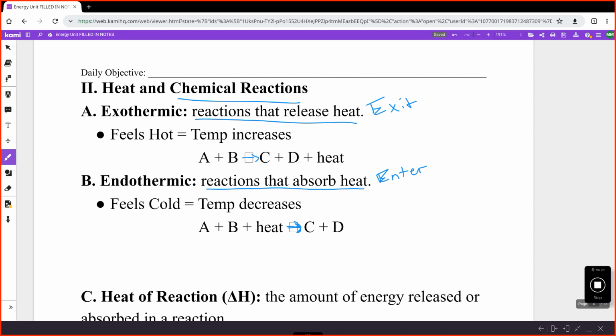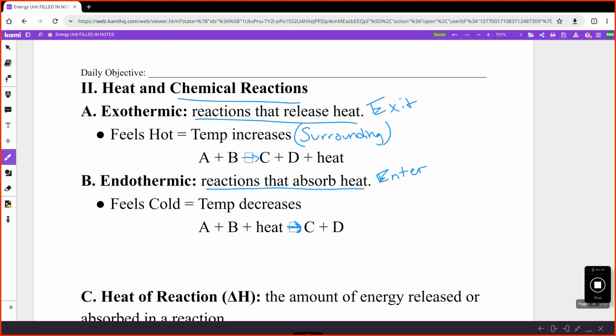Now, when it comes to a chemical reaction, we're describing the surroundings around this reaction. So something that is an exothermic reaction is releasing heat. And in these types of things, we are going to feel the heat from that reaction. The temperature of the surrounding, right, is increasing.